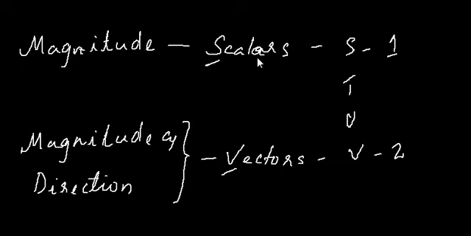Scalar can be described by a single parameter, that is magnitude, and vector can be completely specified by two parameters, that is magnitude and direction.